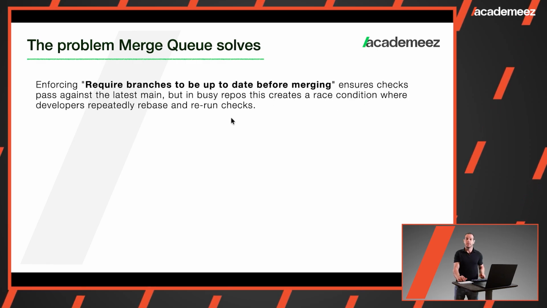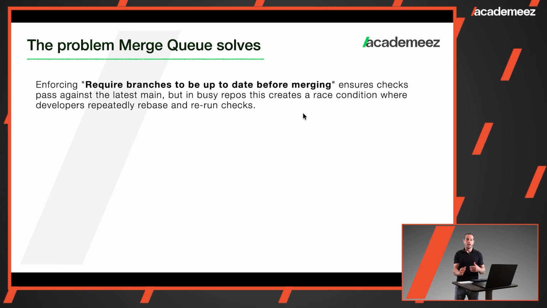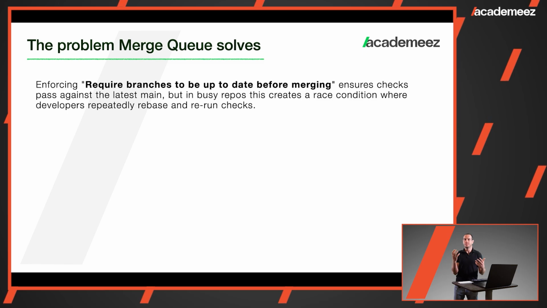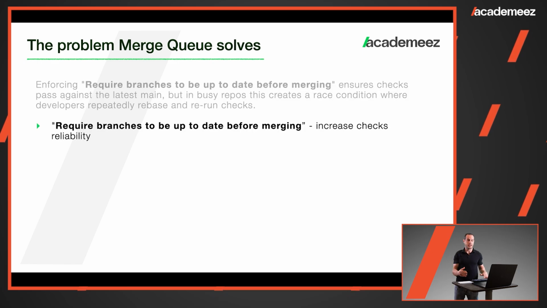So when we enforce require branches to be up to date before merging, it ensures checks run on the latest main. But if you have more than one developer, if you have a busy repository, this can create a race condition where each developer is trying to merge their code. And when they do merge their code, the checks on other PRs become irrelevant, and other developers need to rebase their branch and run the checks again.